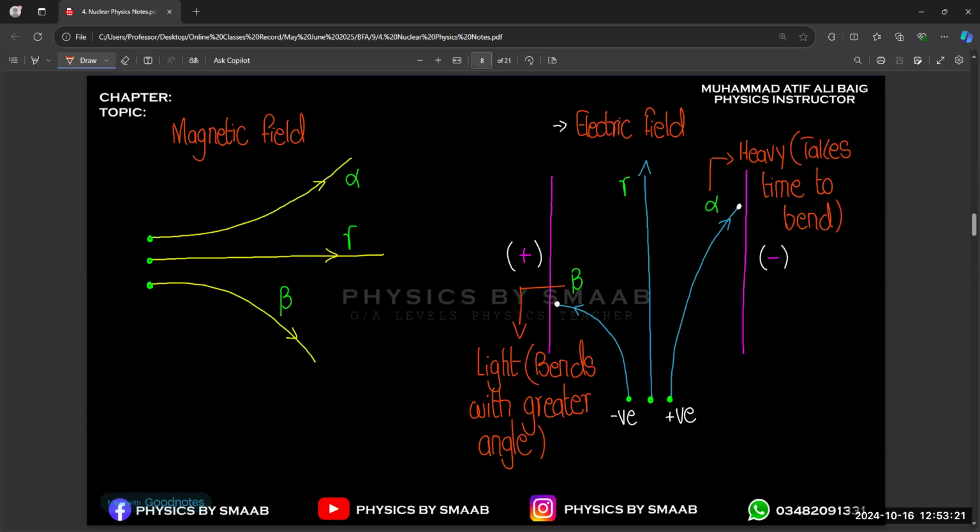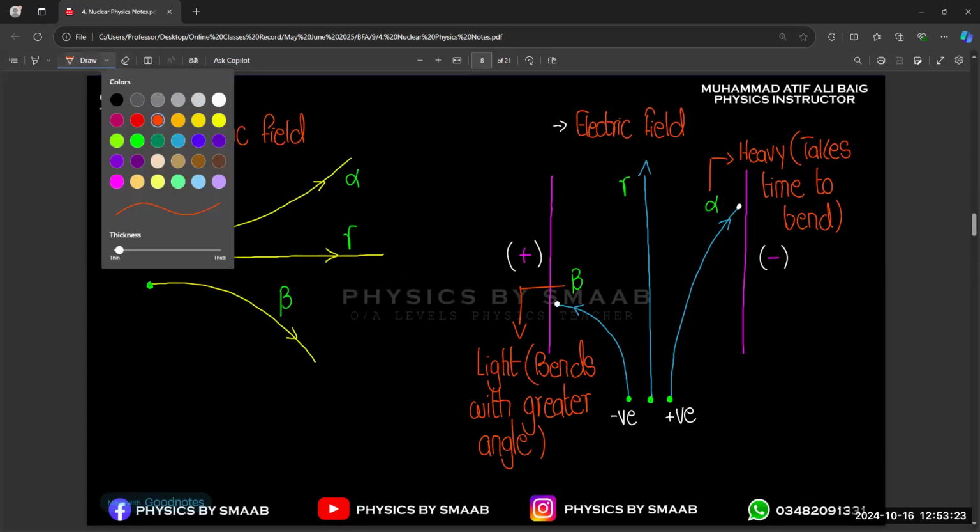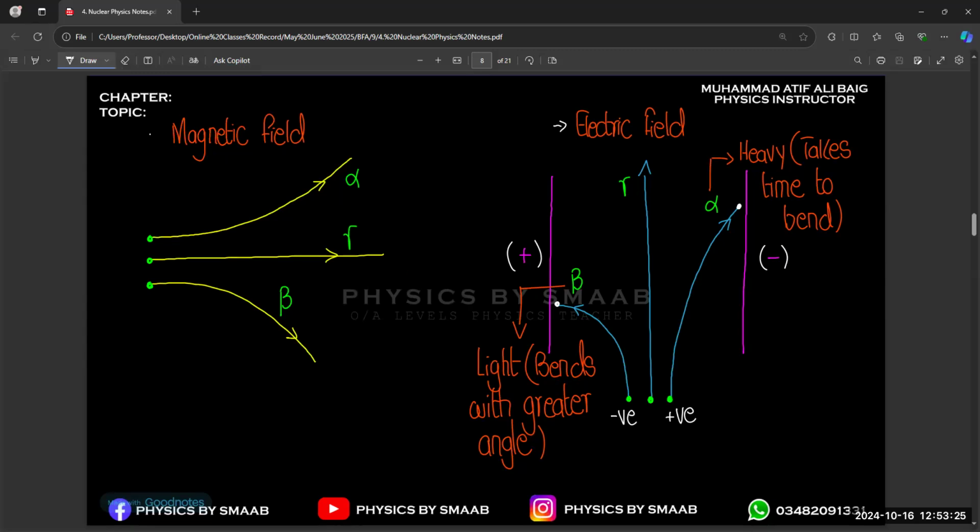After the electric field, if we talk about the magnetic field, we need to study the electromagnetism chapter. But right now, you can remember the deflection of alpha and beta, because alpha and beta have opposite charges, so they deflect in opposite directions, just like in the electric field.